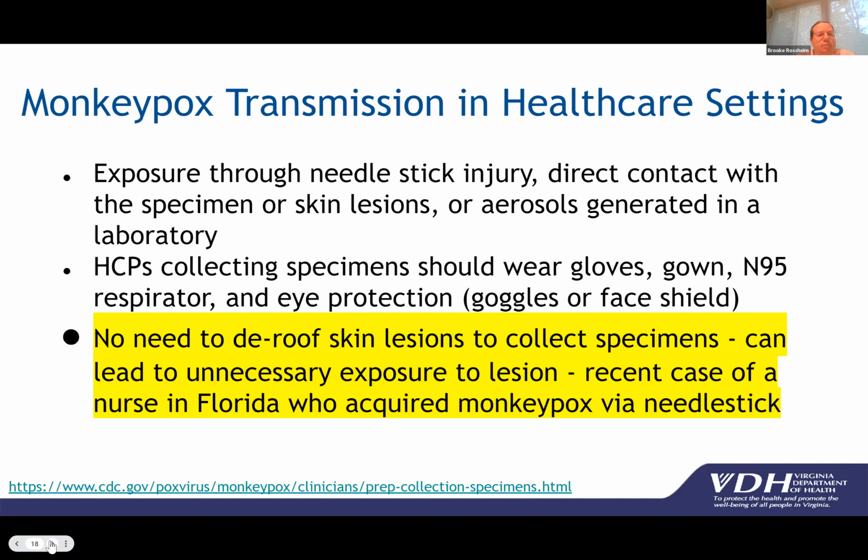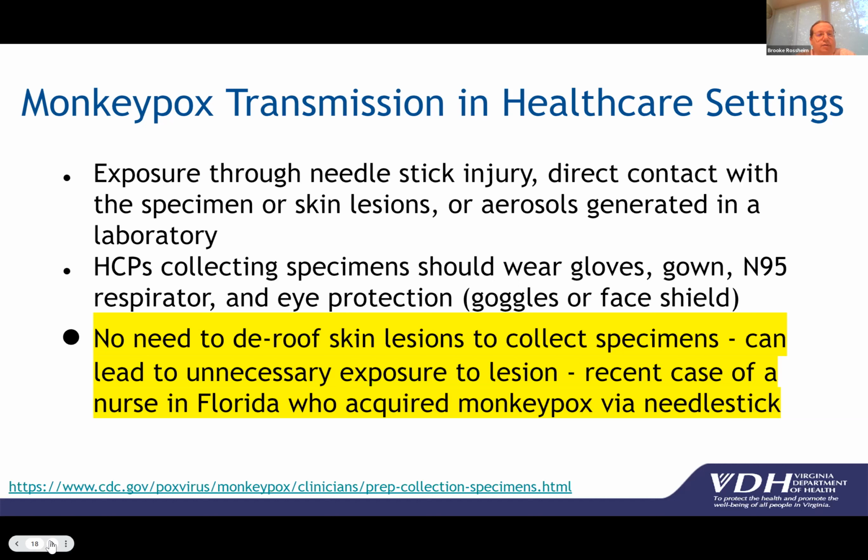So therefore, healthcare professionals collecting specimens should wear gloves, gown, an N95 respirator, and eye protection, just like we talked about before. One important thing is that there is no need to de-roof or unroof a skin lesion to collect a specimen. This can lead to unnecessary exposure of the healthcare provider to a lesion.